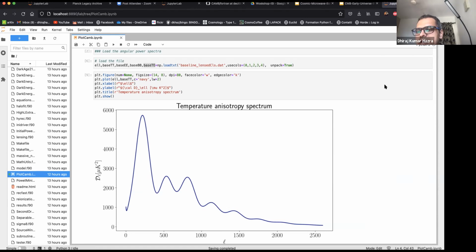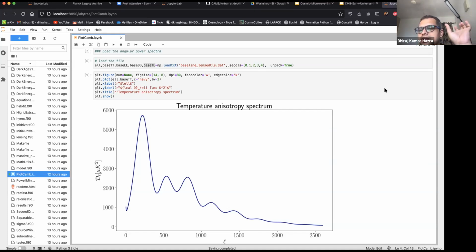Then see, what are the files? Are you getting Planck_2018 or baseline? Do an ls and see what you are able to see. There will be new files generated, something like _lenscls.dat.